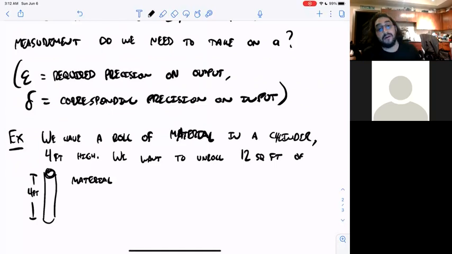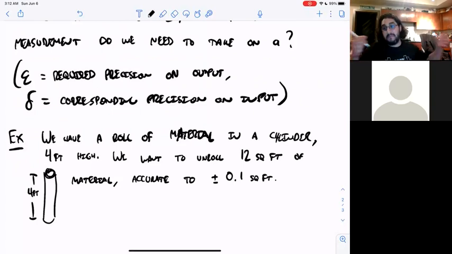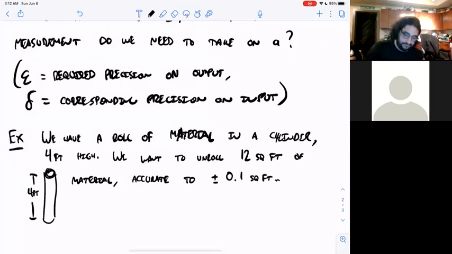For our purposes, let's say we need the amount of actual unrolled material accurate to 0.1 square feet for whatever purpose we're using this material for.